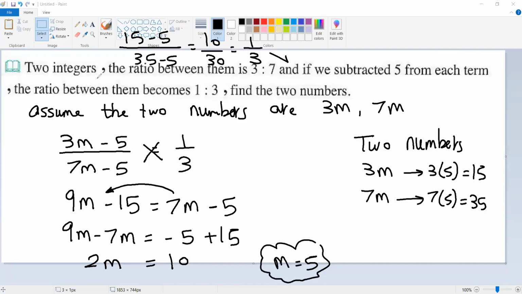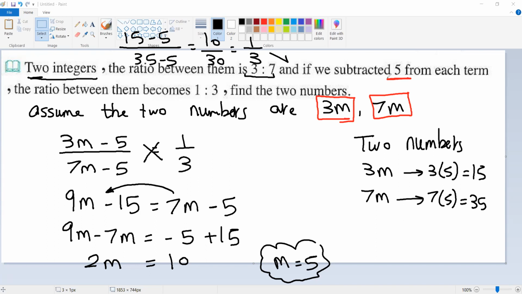So the two integers, the ratio between them is 3 to 7, that means the first number is not 3, and the second number is not 7. I assumed that the two numbers are 3m and 7m because 3 to 7 is the ratio between them.